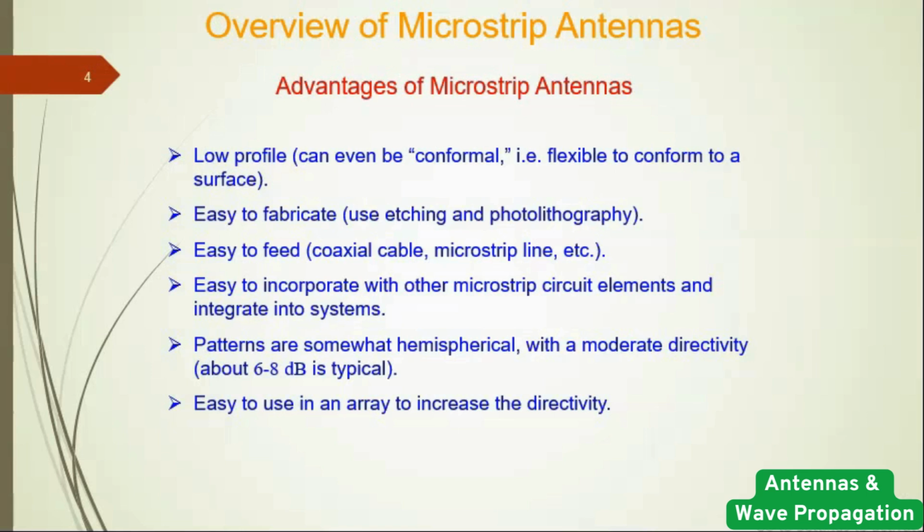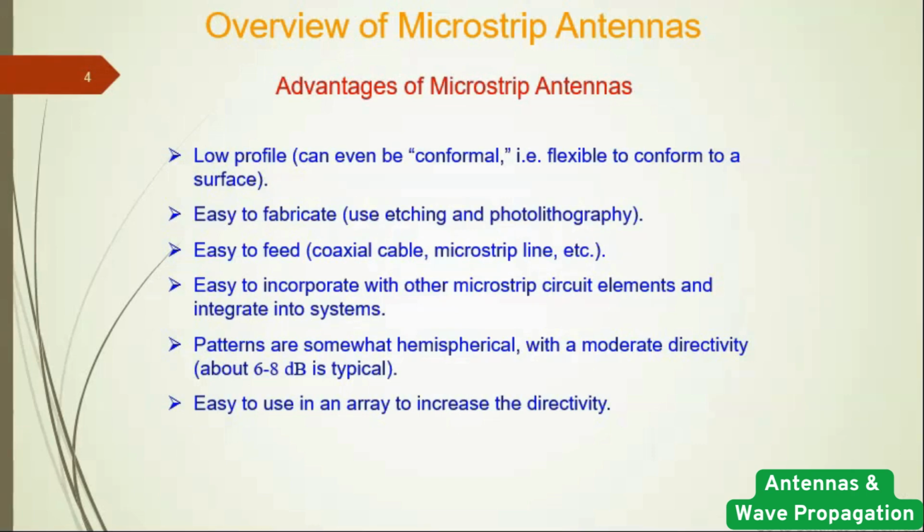The fabrication process is compatible with microwave monolithic integrated circuit and optoelectronic integrated circuit technologies. These support both linear as well as circular polarization. With the microstrip antenna, it is easy to form large arrays with half wavelength or lesser spacing.